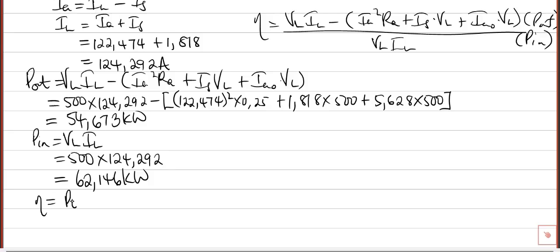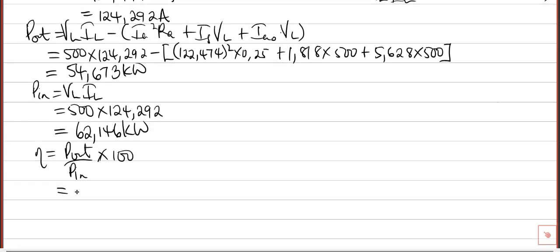Efficiency equals P out over P in times 100%, where we have 54,673 over 62,146 times 100.